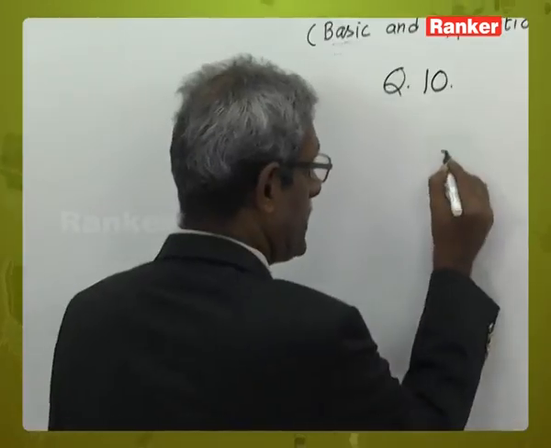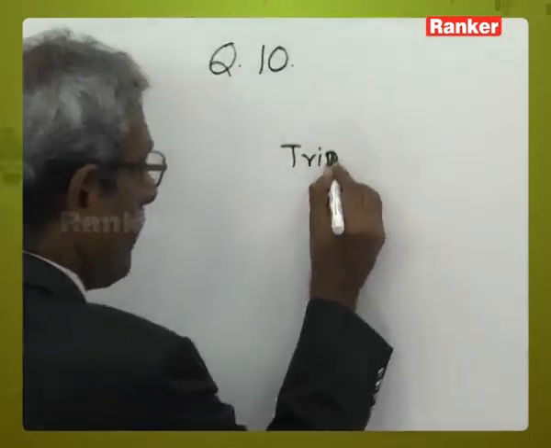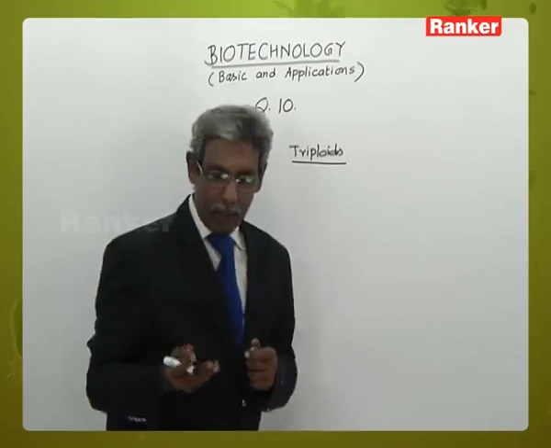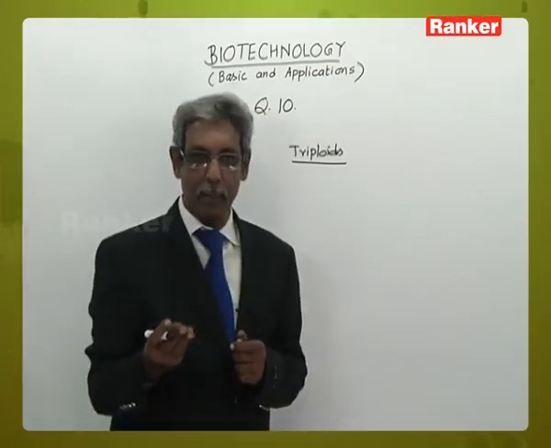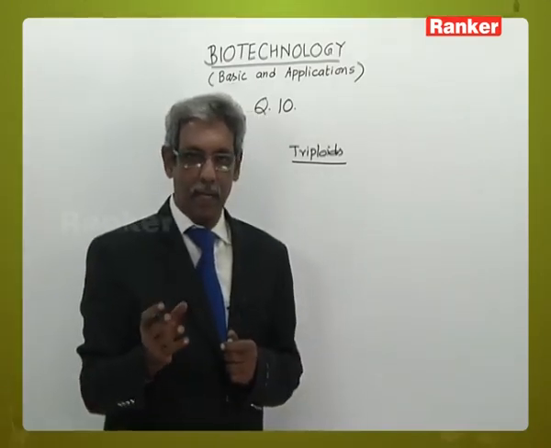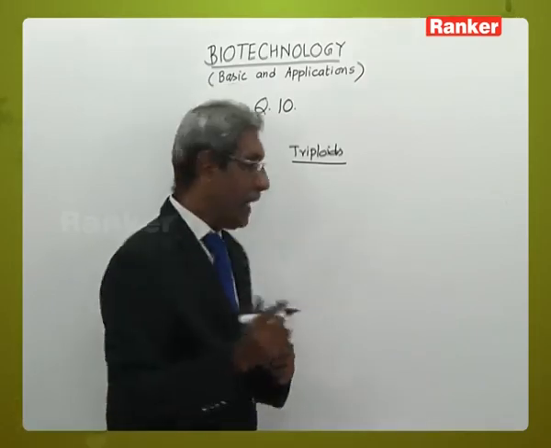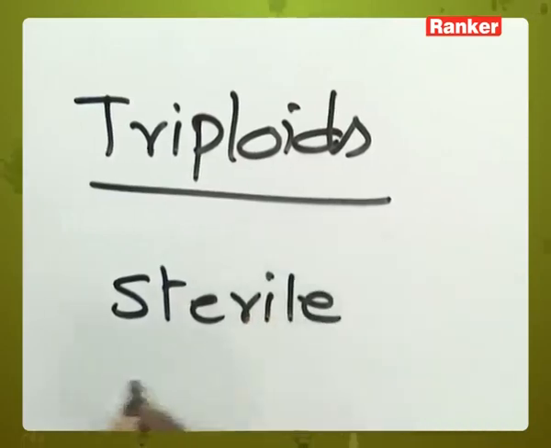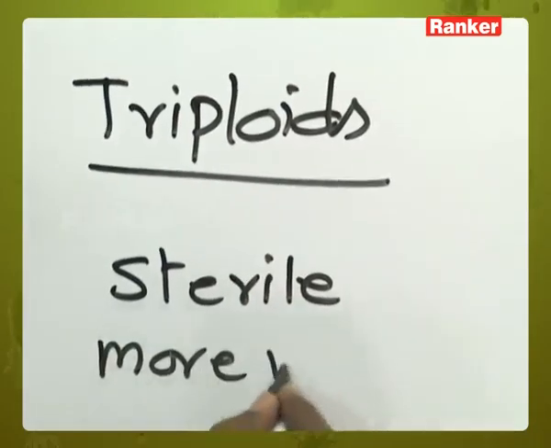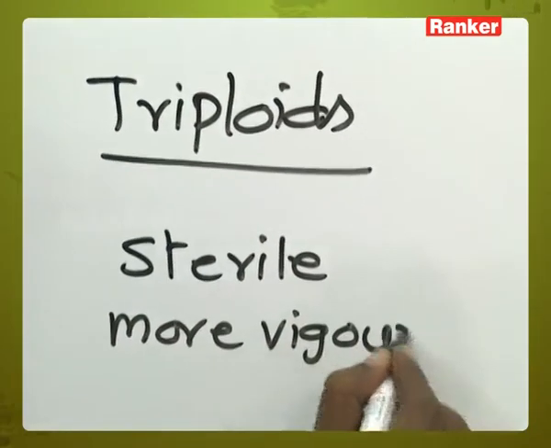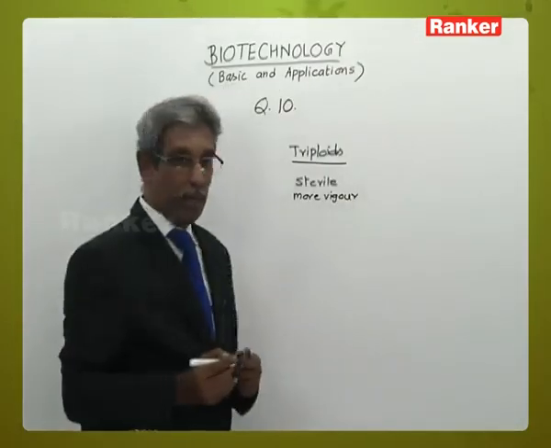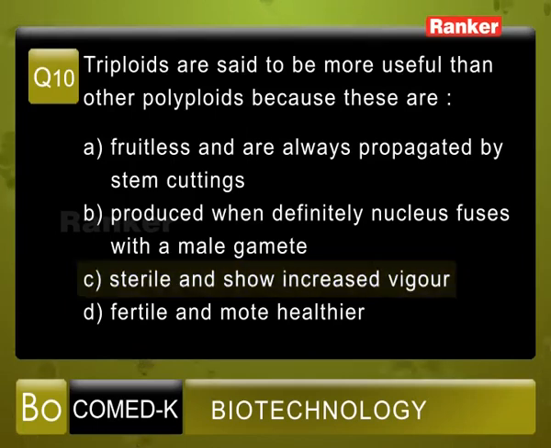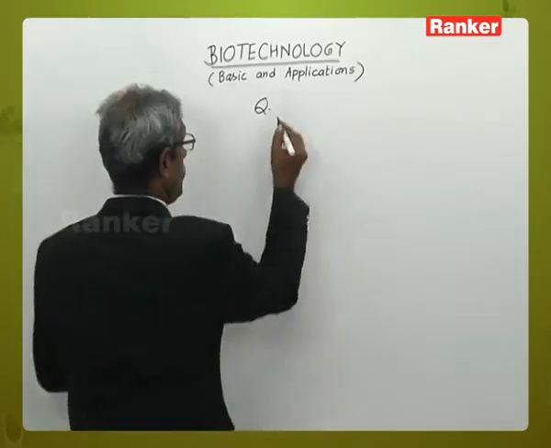When you take triploids, as in triploid watermelons as well as in triploid coffee and tea, they are predominantly sterile and they show more vigor. Hence, the answer is C. We go to question number 11.